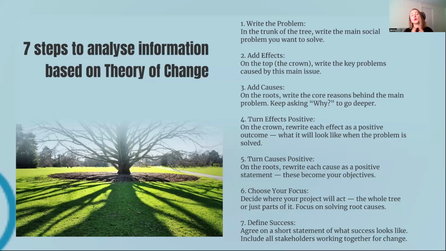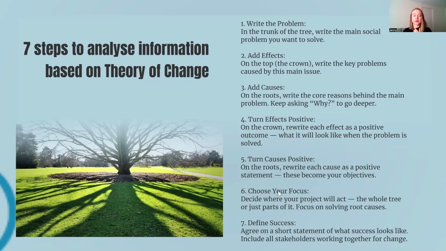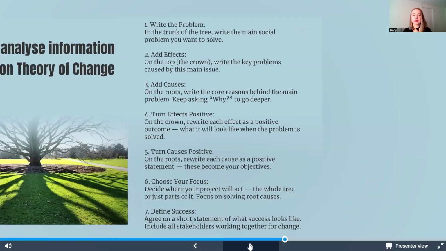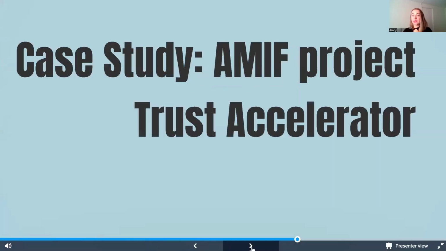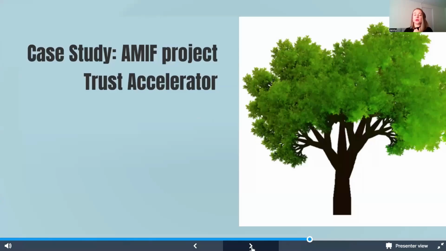I will show how we used these seven steps in a theory of change to validate our idea and to have a crystal clear alignment with the fund. And this methodology you will receive from Paulina, and you can do the same with your own idea. So let me show in practice. This case study is our own project, Trust Accelerator, which was submitted to AMIF.